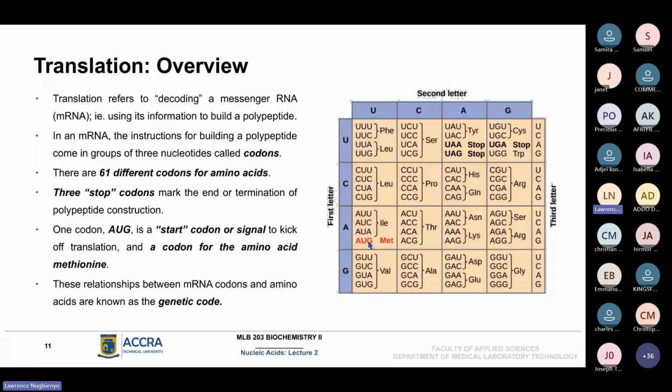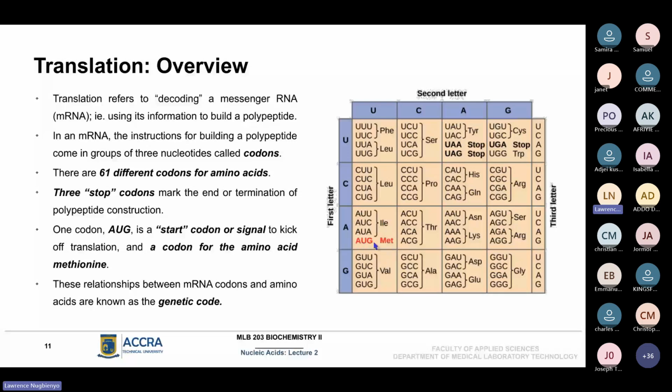That is one of the amino acids which you learned in your first year. Now, what it means is that each time in the process of protein synthesis, the first amino acid that starts that process is methionine, because the start codon codes for methionine. So you keep that in mind.